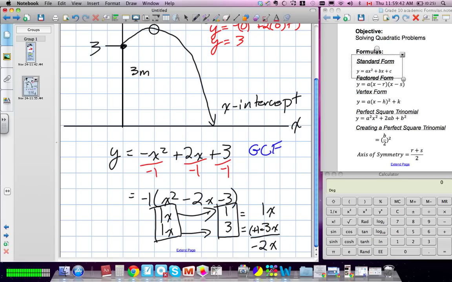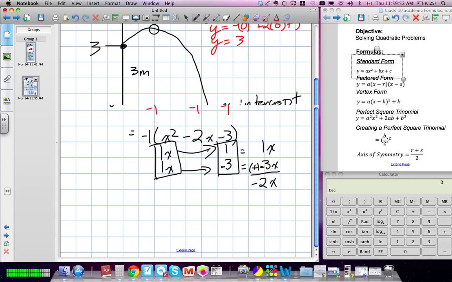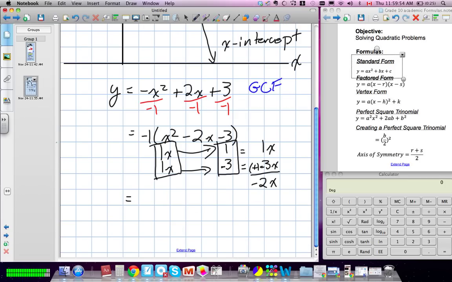So that means the number we multiply to get the 3, which is 3, we need to make it negative. So in our factored form, we have y is equal to -1, which is our a value. X is going to be the first term in both. And because they're the same, it doesn't matter about putting in opposite brackets right now. It's only when the first terms are different that that matters.